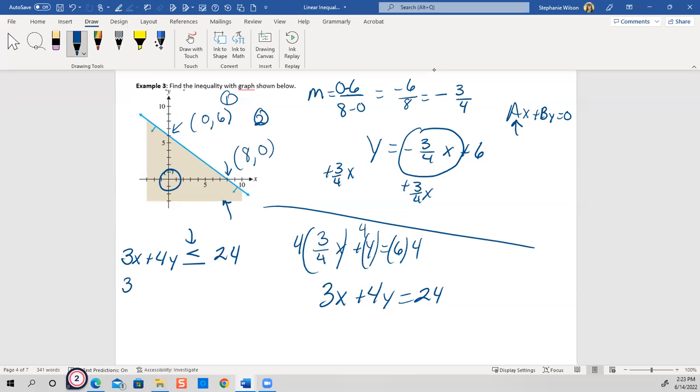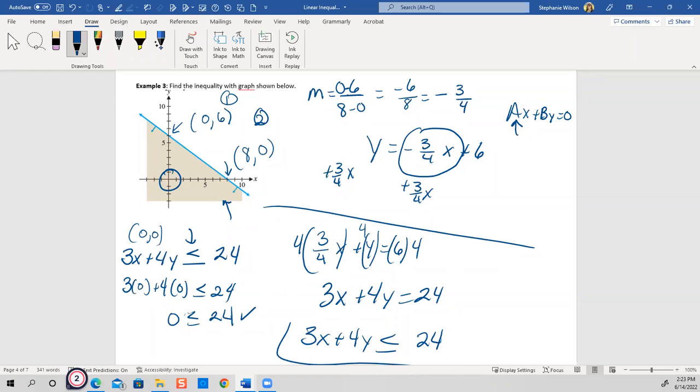If I put 0 in for x and 0 in for y, I get 0 is less than or equal to 24. So it's true, and this is my correct inequality. Again, we're just checking for points that make it a true statement whenever we work with inequalities.